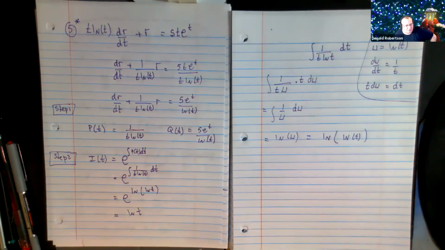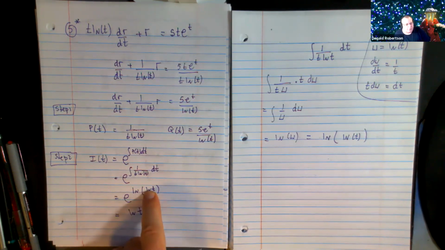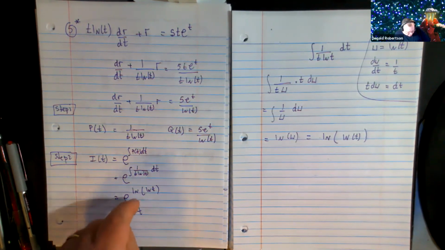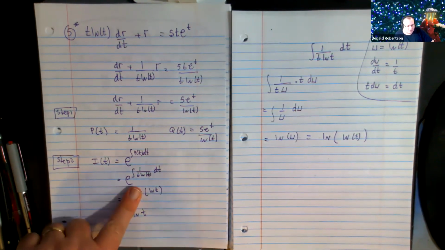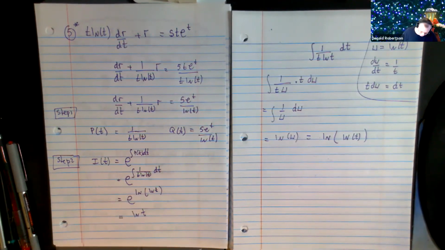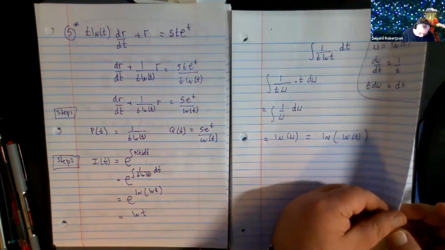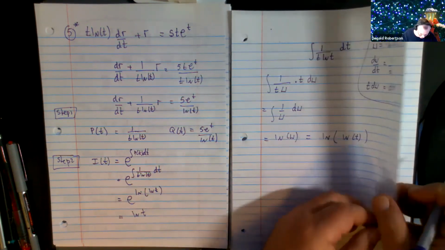Good, because that's exactly what it is. See if that was e to the natural log of 42, wouldn't the answer be 42? E to the natural log of t cubed, wouldn't it be t cubed, right? Essentially, the natural log and exponential functions are inverse functions and cancel each other out. So you end up with whatever's here. Well, that's good. Moving on then to step 3.